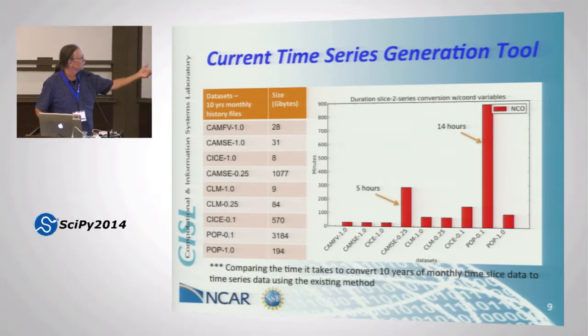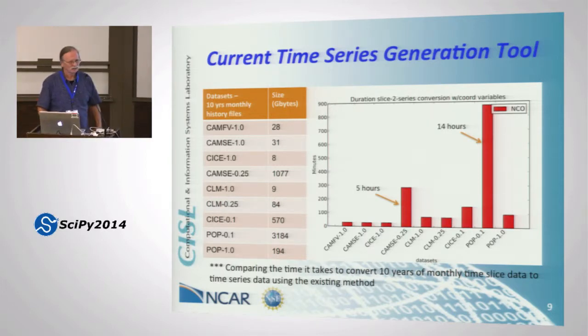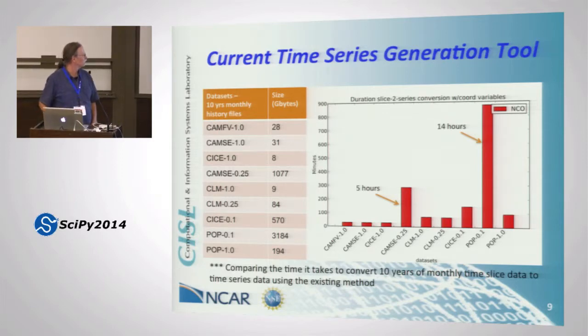So you can see that it was taking 14 hours to convert the POP1 from time slice to time series.